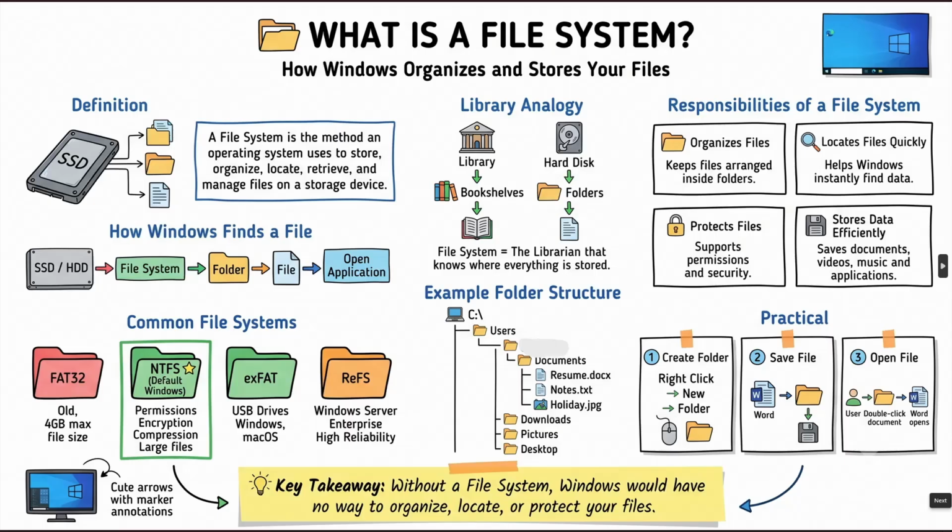Here FAT32 is the older version that we used in earlier times, like when we had Windows XP, Windows 95, right? The size of a single file can go up to 4 GB. That is the maximum size you can keep for a file, right?